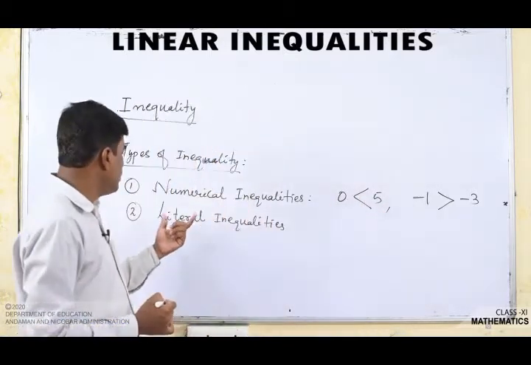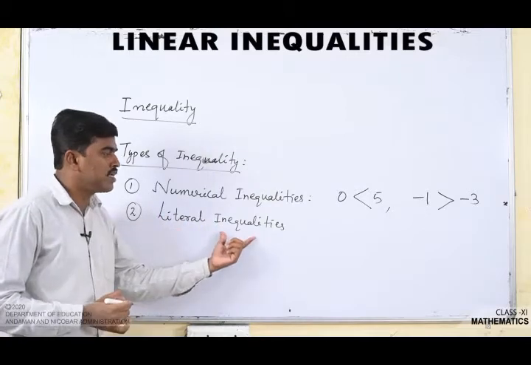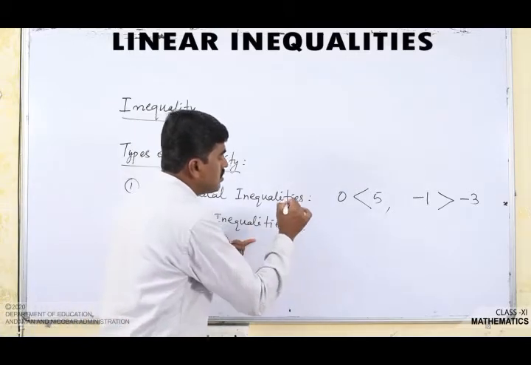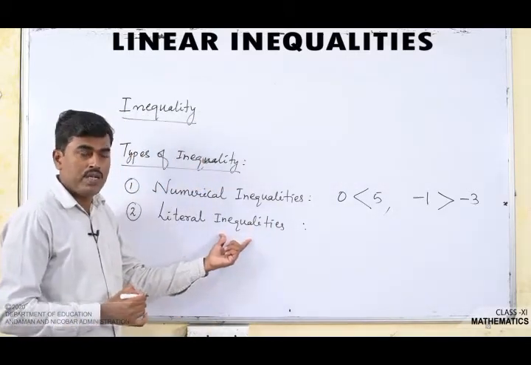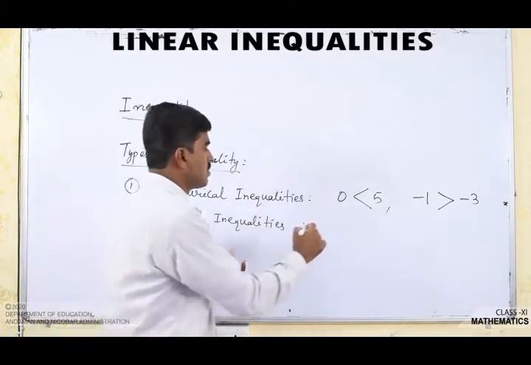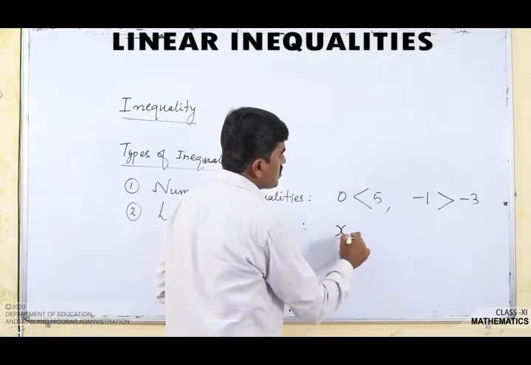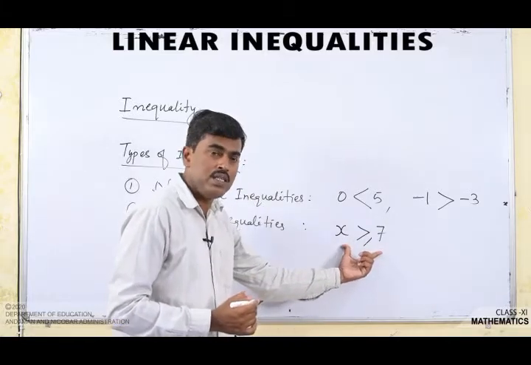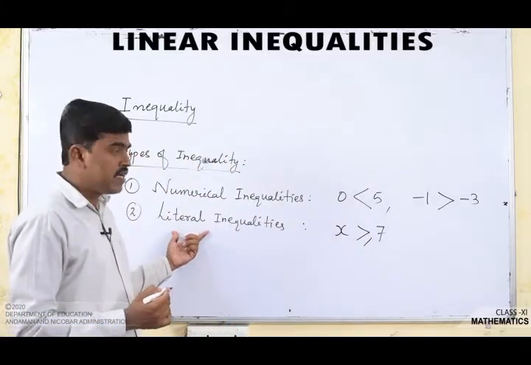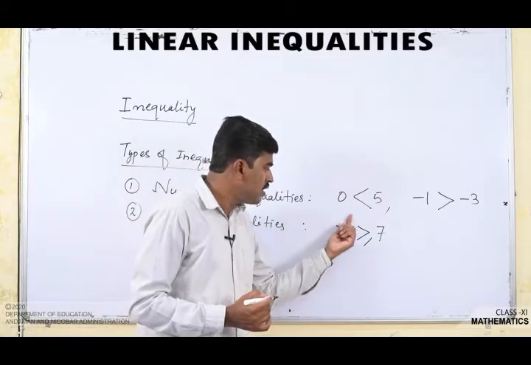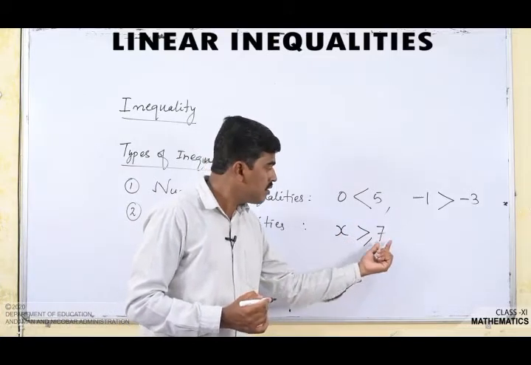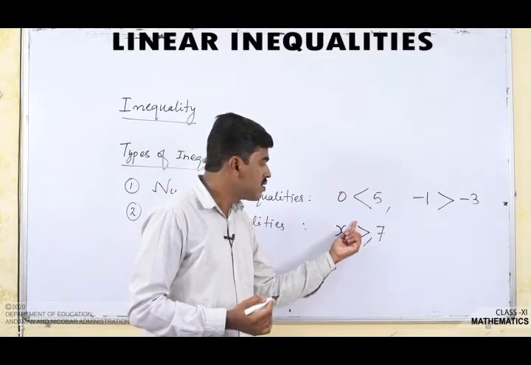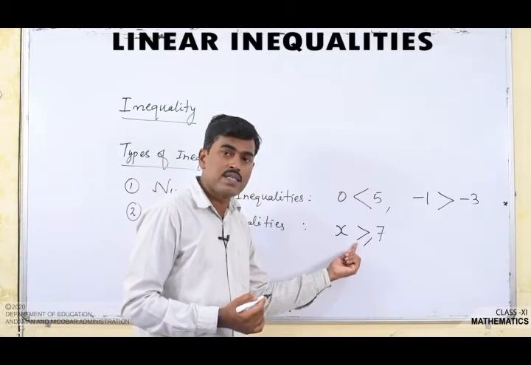Okay. Then the next one is literal inequalities. Literal inequalities means inequalities involving numbers and variables. Suppose I am writing x is greater than equals to 7. So it is a literal inequality, it involves the variable x and the number 7, and the symbol of inequality used there is greater than equals to.